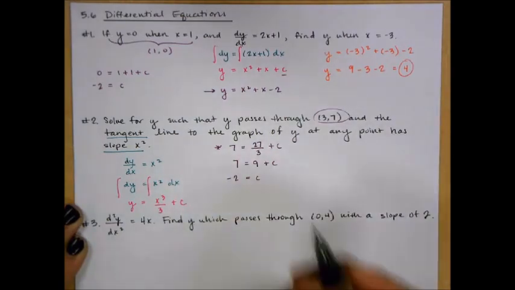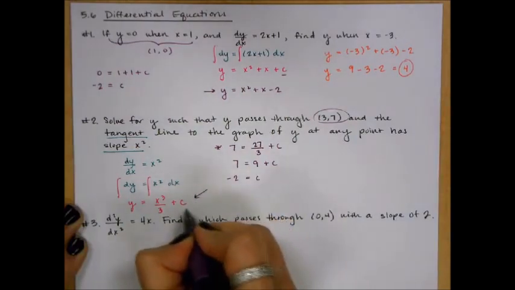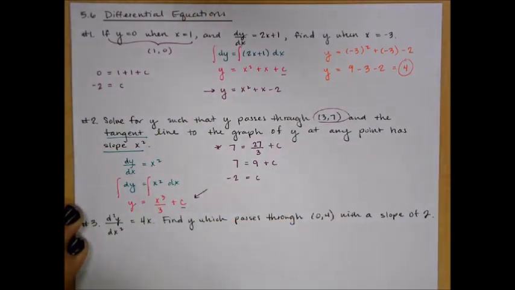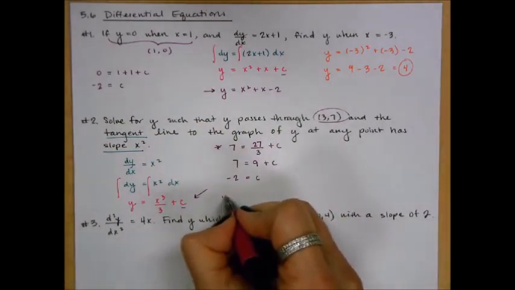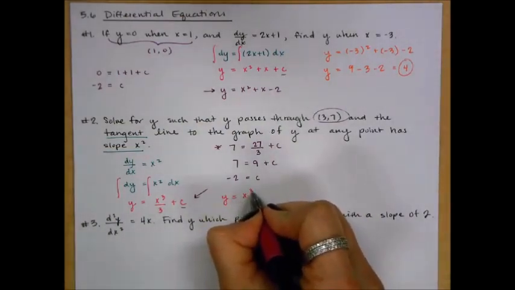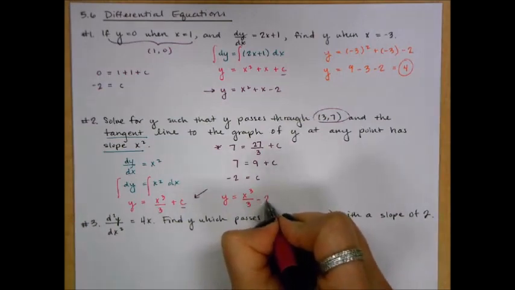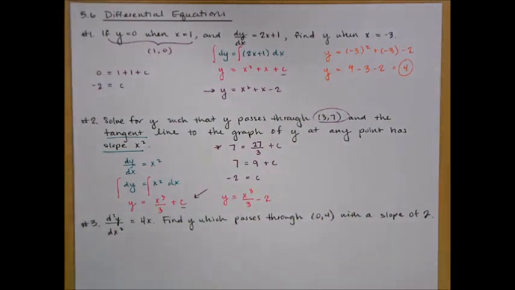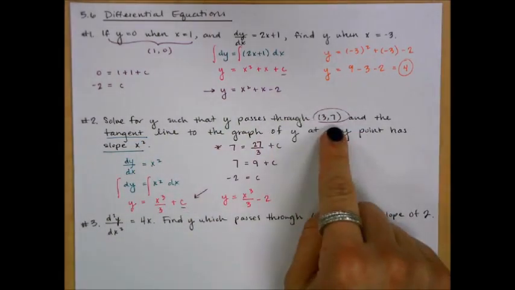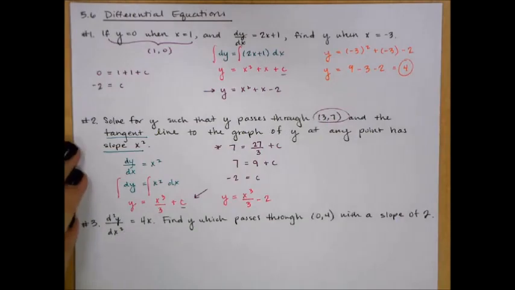So we'll plug that back in over here for the value of c and write our equation. All right, so now that we have our equation, we have our answer. This is all that it asked for: find the value of y, which passes through this point, starting with this derivative.